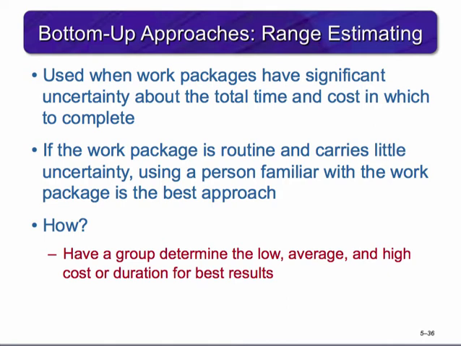So, how does range estimating work? By gathering a group together and asking them to determine the low, average, and high cost and durations for the activities. This should be done for the factors influencing the activity, such as complexity, technology, newness, and familiarity. Involving others in making activity estimates gains buy-in and credibility to the estimate.